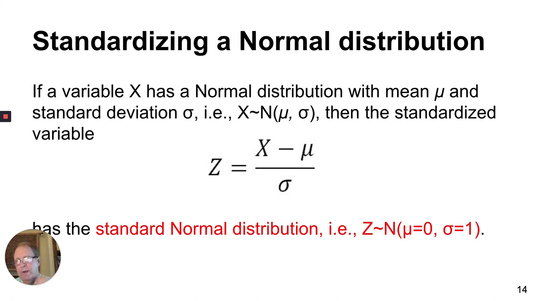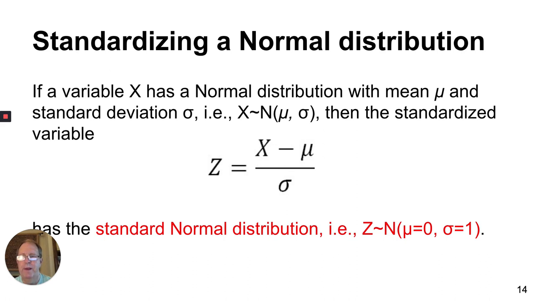Now, what happens if we standardize a normal distribution? If a variable x has a normal distribution with a mean mu and a standard deviation sigma, that means x is distributed normally with mean mu and standard deviation sigma. Then the standardized variable is that z-score right there.